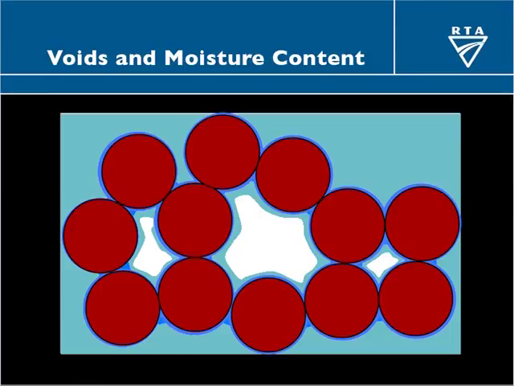As those films get thicker, the voids start to fill up, and rather than having perhaps an almost continuous network of voids, you have what amounts to small bubbles of air trapped in water-filled voids, and eventually, as you add more water, the soil becomes completely saturated.